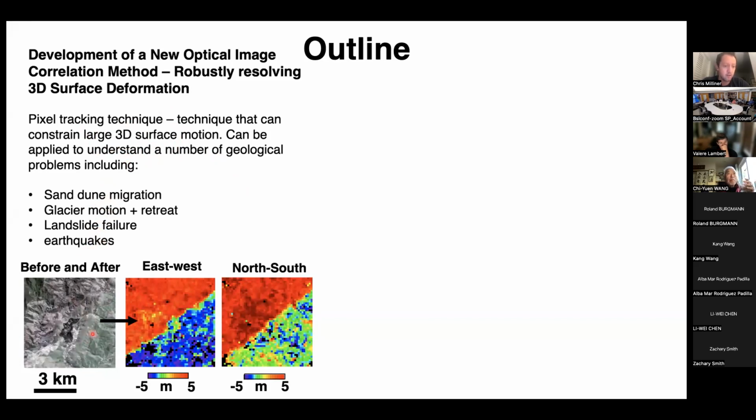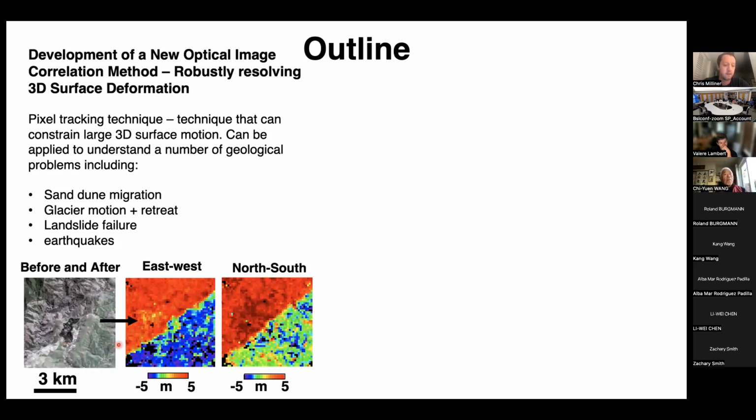This is a very simple schematic showing how pixel tracking works. Essentially, typically you'd have an image before and after some event, and you would apply some correlation scheme. So usually you'd have some kind of correlation window that tries to track the lateral shift in features between one image to the next.